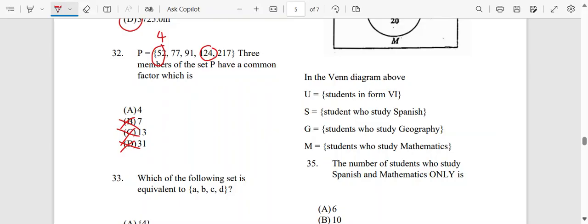This is 4. This one, 77, this one is 7 alone.